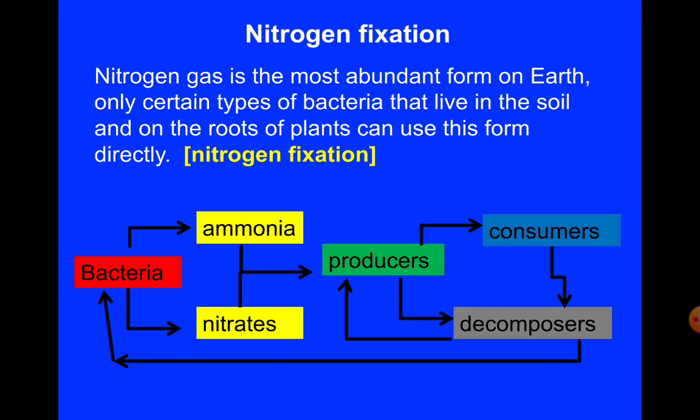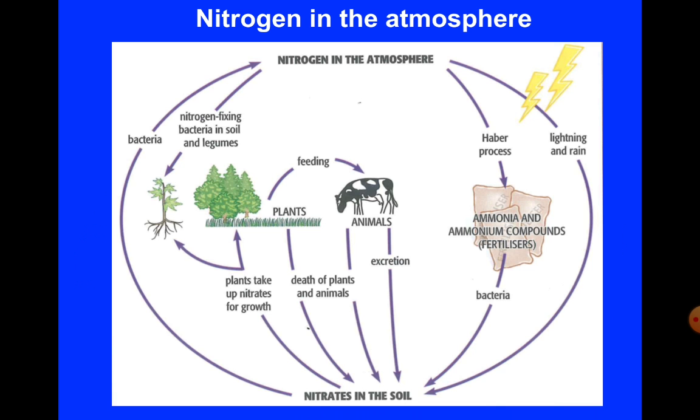Okay. Let's have a little look at the nitrogen in the atmosphere. We see more or less the same picture, but a little bit in a different way. Lightning and rain can make nitrates, which end up in the soil.